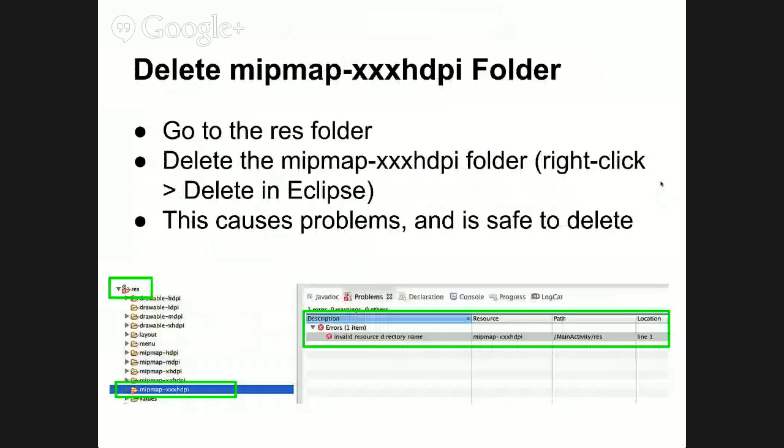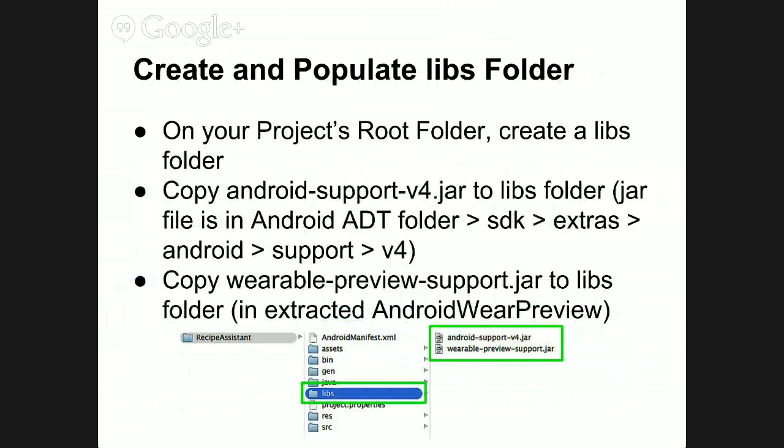Yeah. So you delete it, then it starts to compile in ADT, Eclipse. Then they have some steps to populate. You have to make a folder called libs in the root of your project, and then you need to copy paste these two files.